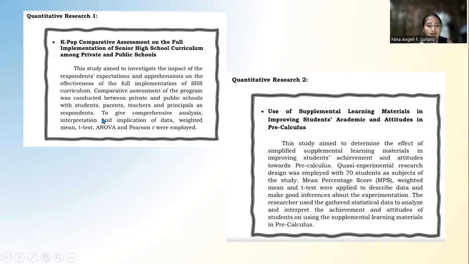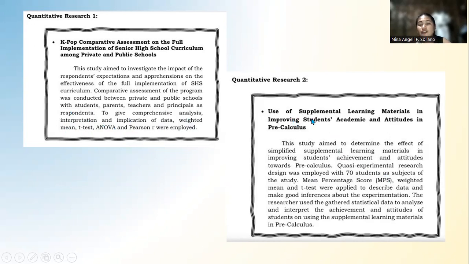And then, to give a comprehensive analysis and interpretation, they are going to have the weighted mean, t-test, ANOVA, and Pearson R. Okay, so I hope that you will listen to Teacher Giovanni, your stats teacher, as you go along in your stats subject, because you will be using this one.